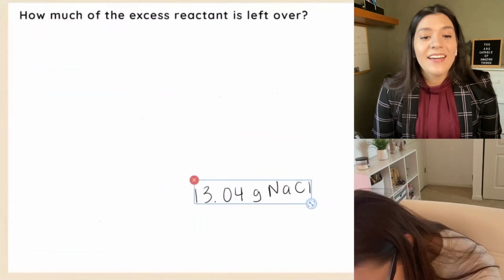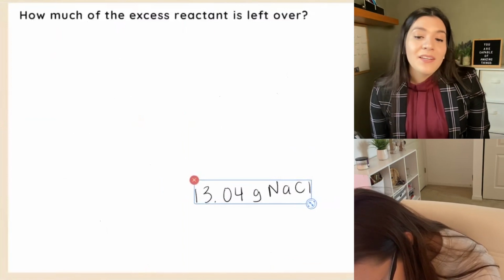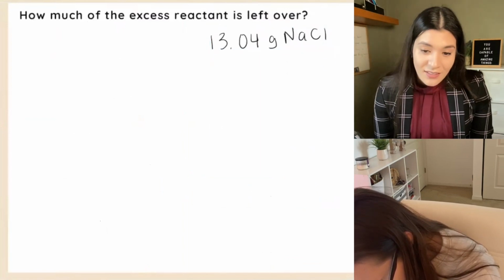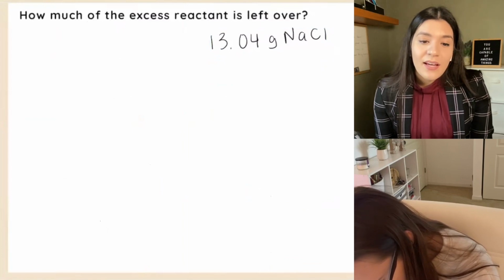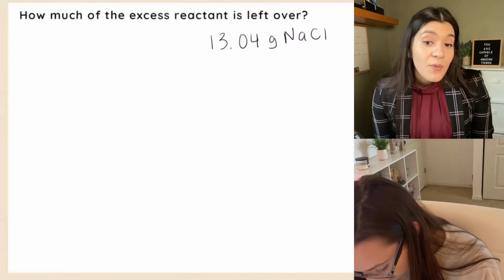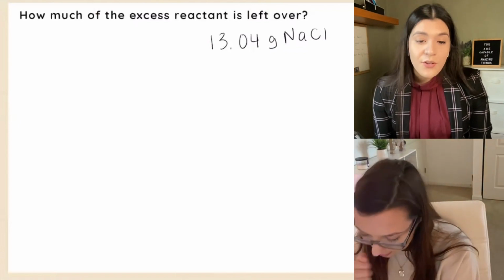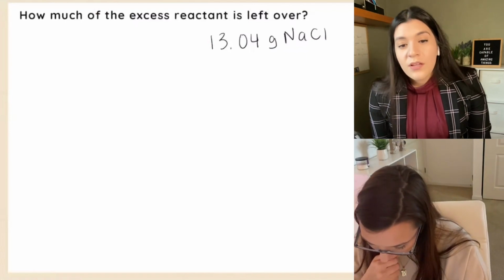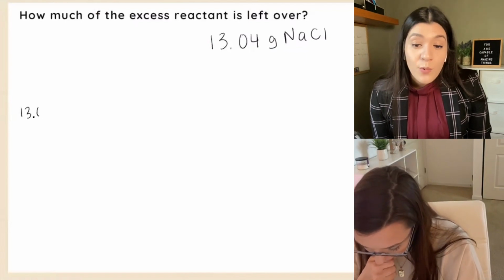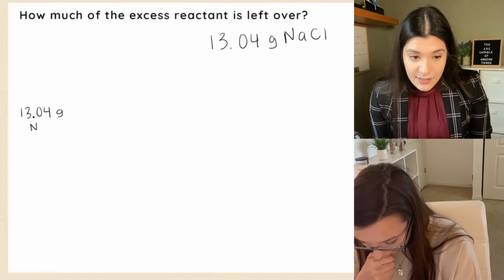Perfect. Now this is saying how much of the excess reactant is left over. So I'll walk you through the steps again. We're going to start from the theoretical yield that we have, which was 13.04, and make our way to the grams of the excess reactant.